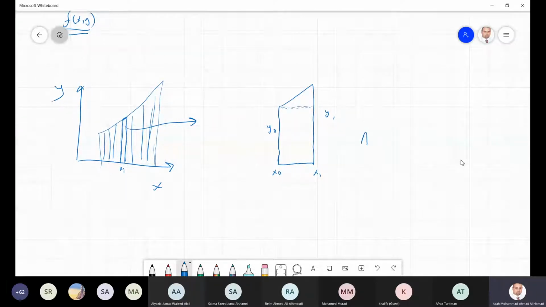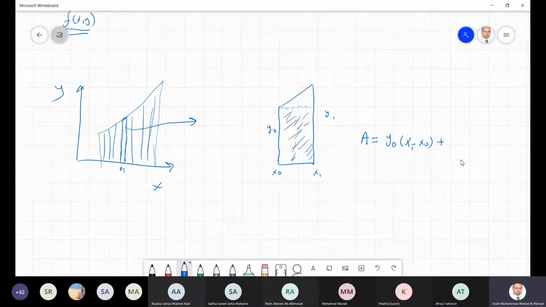Simply, area equals y naught multiplied by x1 minus x naught plus, this is the first area, correct? So it is y naught height multiplied by x1 minus x naught, which is delta x.